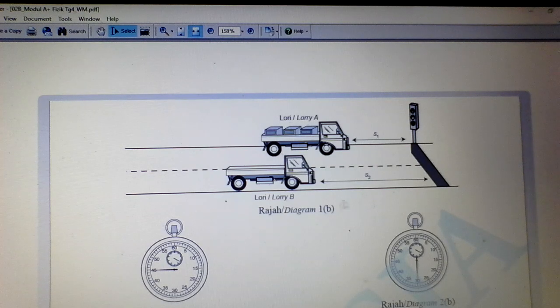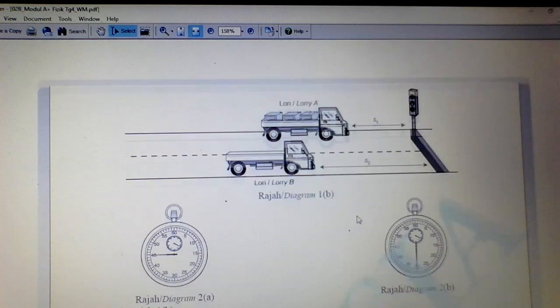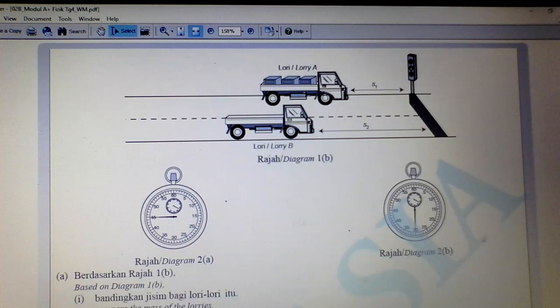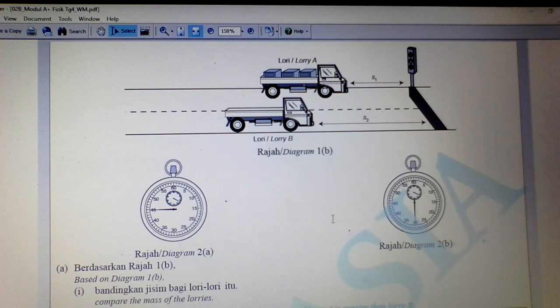Okay, so look at diagram 1B, and they record the time taken. Look at the first question, A1. Compare the mass of the lorries. If you look at the time taken for lorry A, sorry, it's not 45 seconds, it's 3 minutes and 45 seconds.